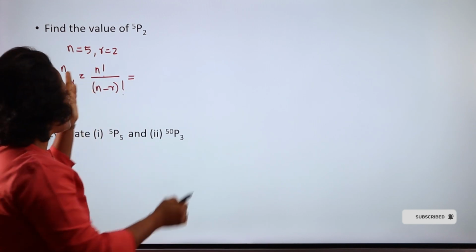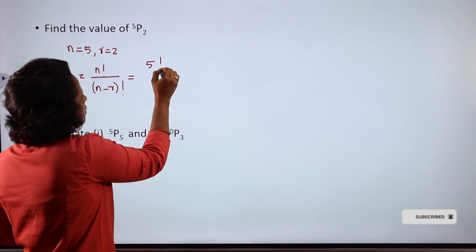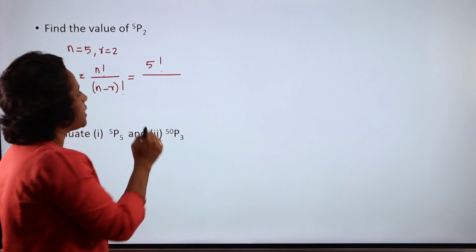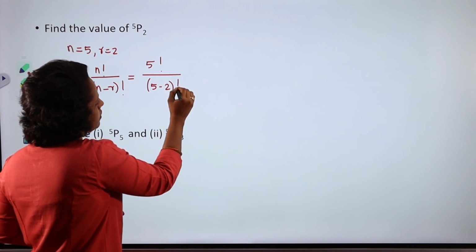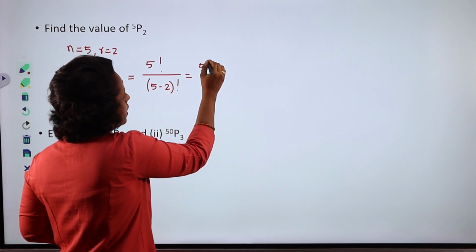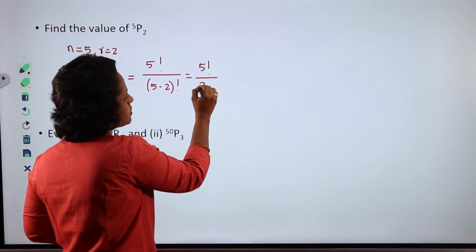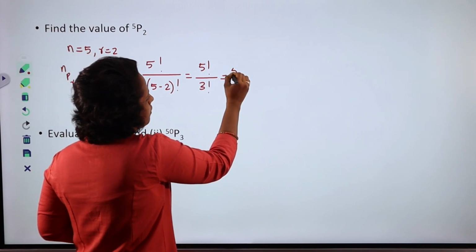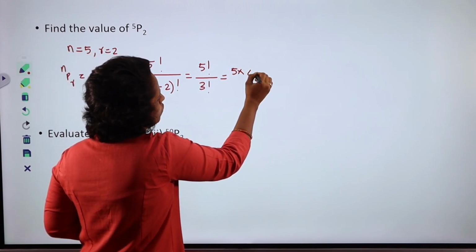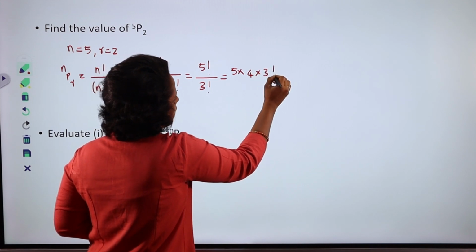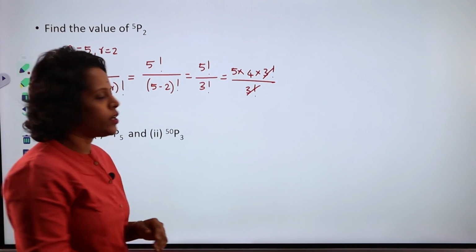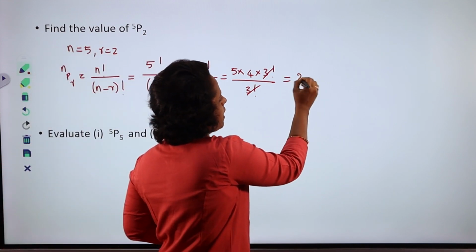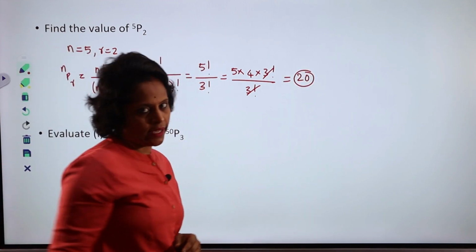The value of n here is 5, so 5 factorial divided by (5 minus 2) factorial, which is 5 factorial divided by 3 factorial. So, we are left with 5 into 4 into 3 factorial divided by 3 factorial. 3 factorial gets cancelled and we have the answer as 20.